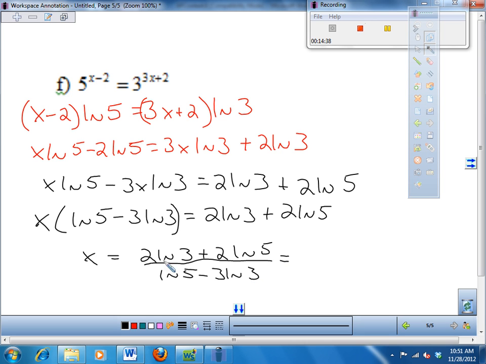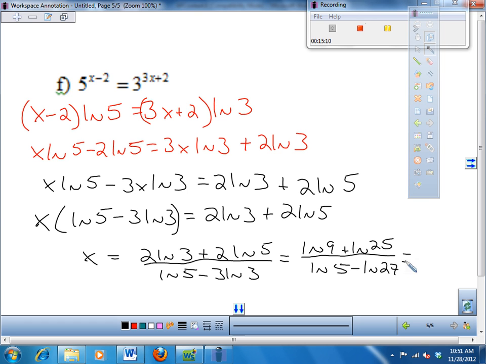And if you want a little bit nicer answer, you could write this as the natural log of 3 squared, which is 9, plus the natural log of 5 squared, which is 25, over the natural log of 5 minus the natural log of 27. I'm not done yet. I don't like this.